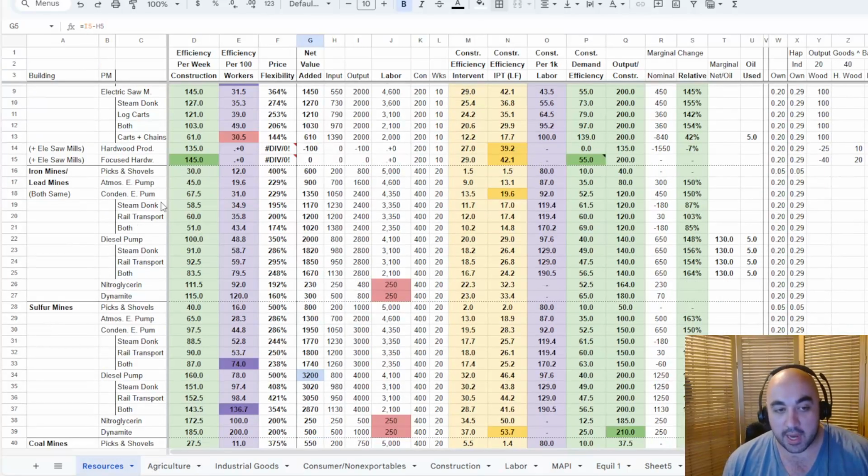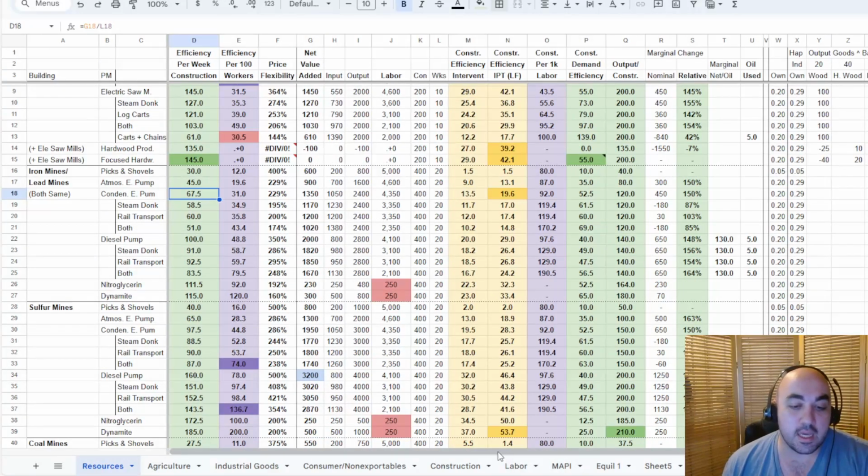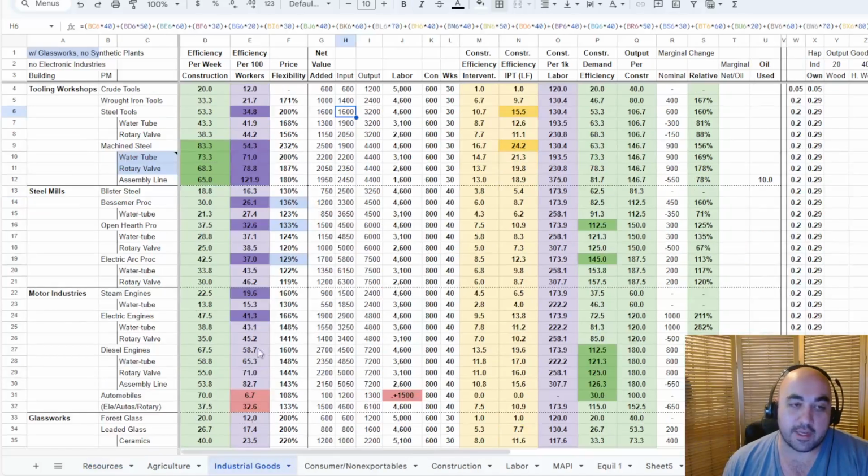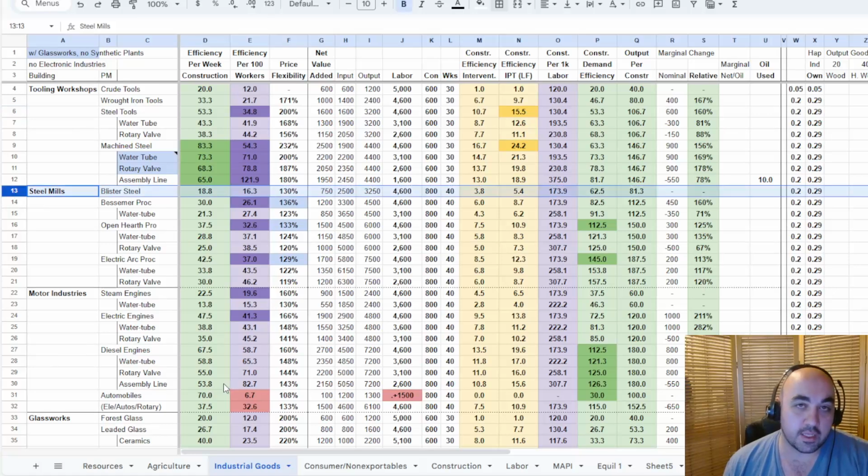In general, the mines are going to have spectacular PMs, but the mines also serve as inputs for stuff like the industrial goods. And so if we can continue to pull down the price of the iron, it's going to allow us to have a lower steel price.